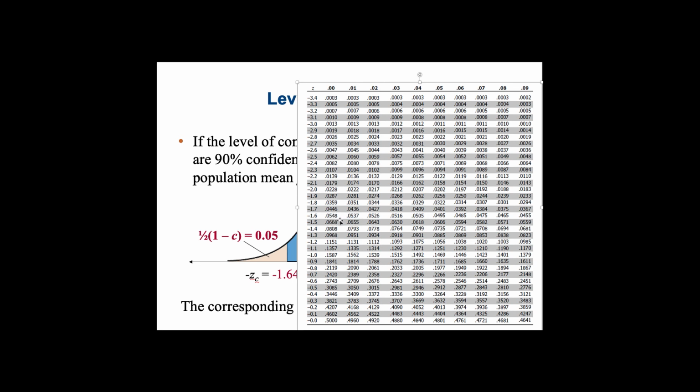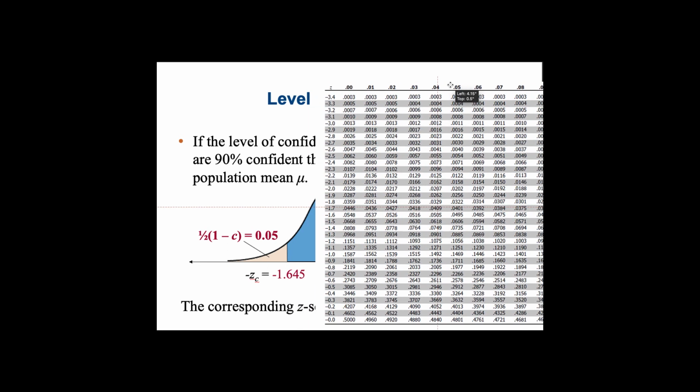You see that? 0.052, we're getting smaller and smaller. So it's got to be between negative 1.6 and something. Actually 1.645 is the average of these two values, as you can see here. So look at that, negative 1.64.